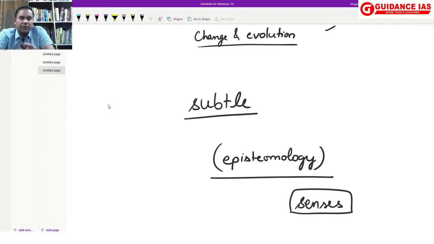The body has senses, we can sense things. So as it can be verified by the senses, full stop.